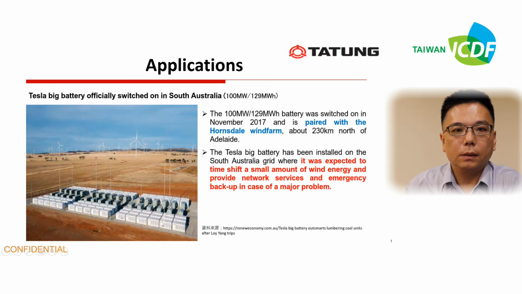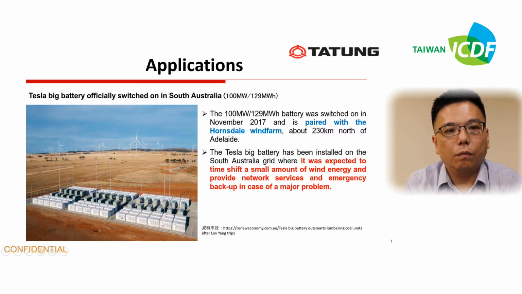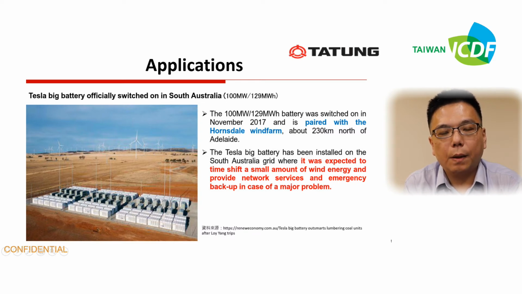And this slide shows the Tesla big battery in South Australia. It is the same as the last page: a 100 megawatt battery system in South Australia deployed by Tesla.